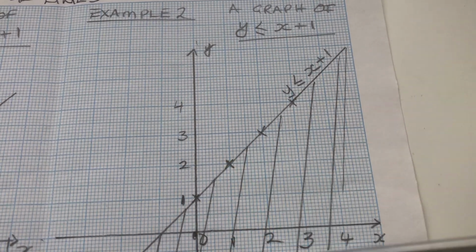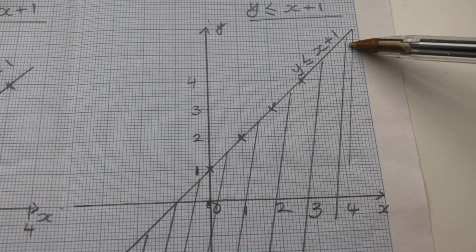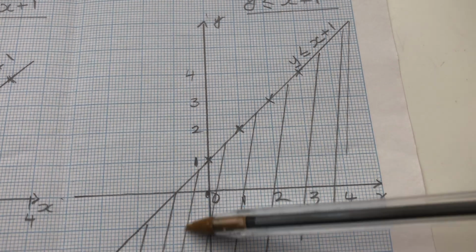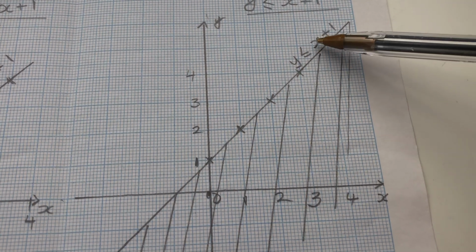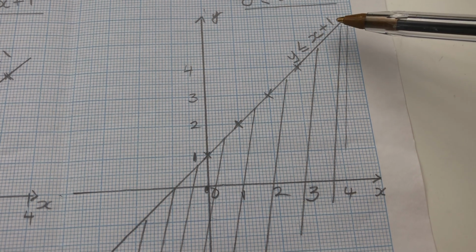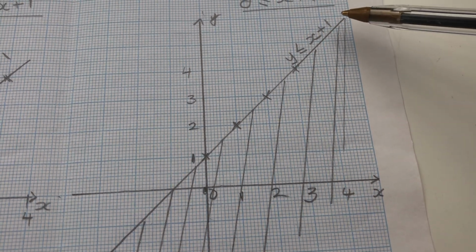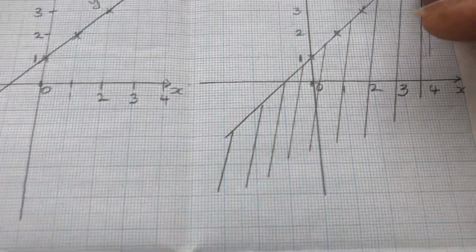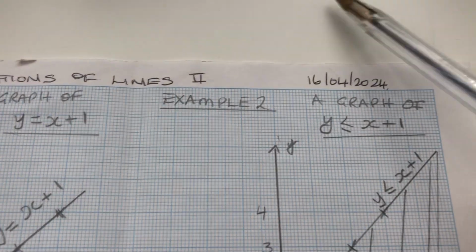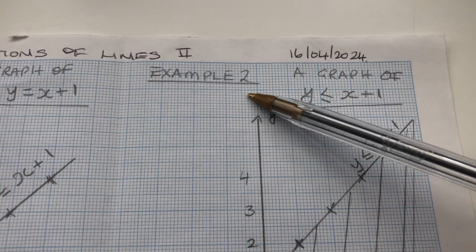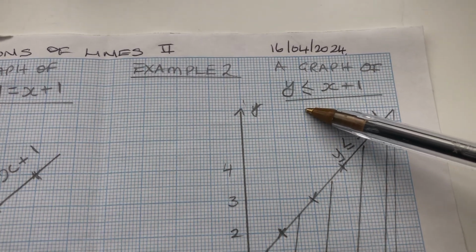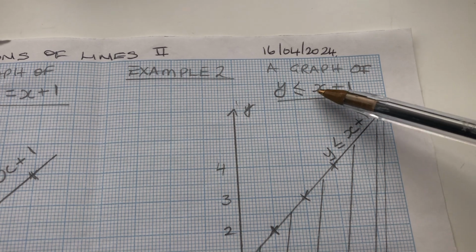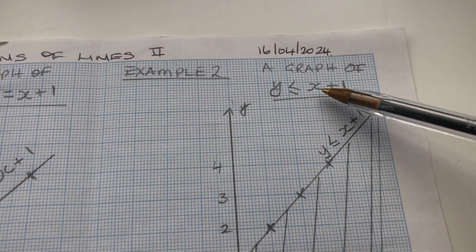So all this region here below the line is y less than or equal to x plus 1. That will be the second graph here.